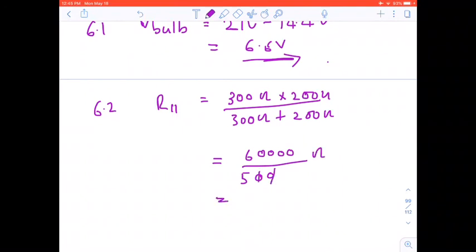That cancels out like that, and that would then give us 120 ohms.